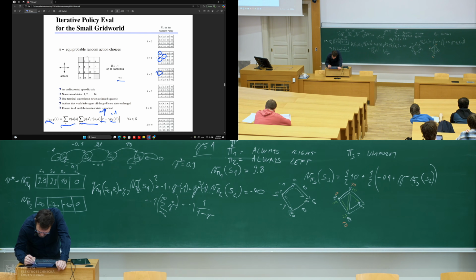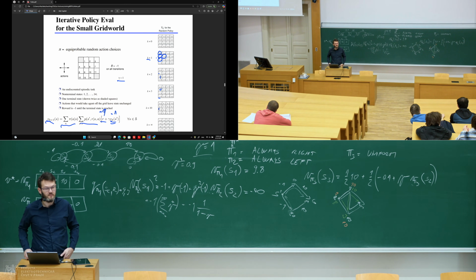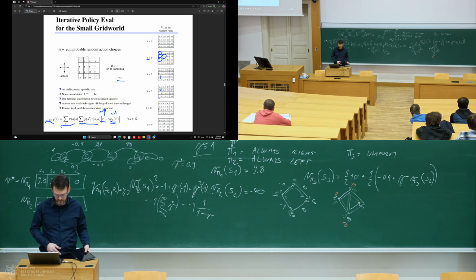So you will take the value from here as v_k of s, and the expectation is -1.75 if you sum it. Right? And you continue this way, and you are improving the value function so that it corresponds to the fixed policy you are computing.